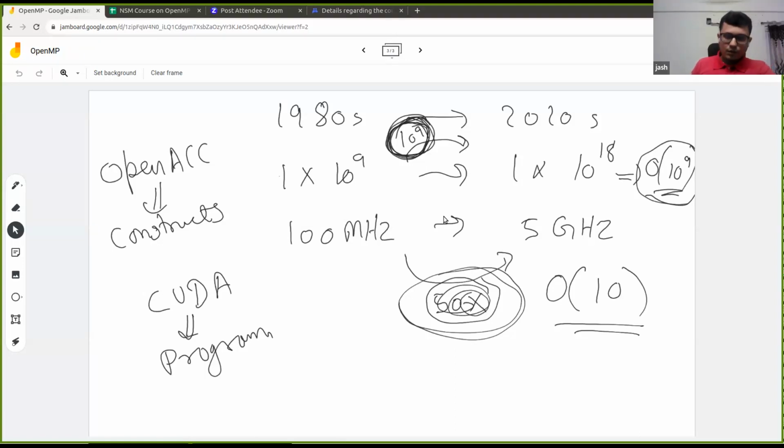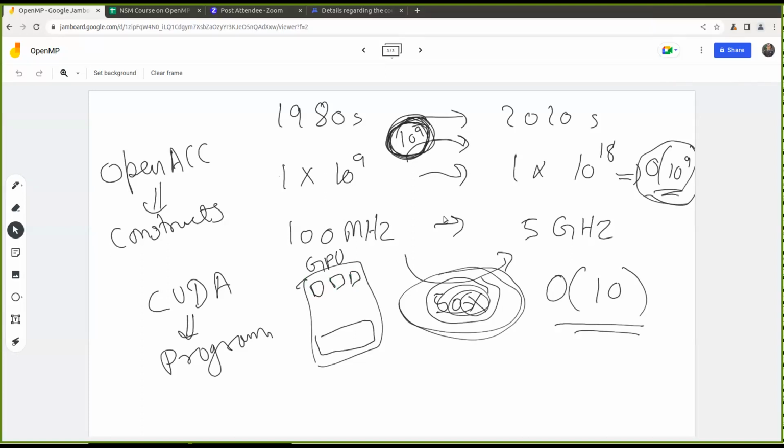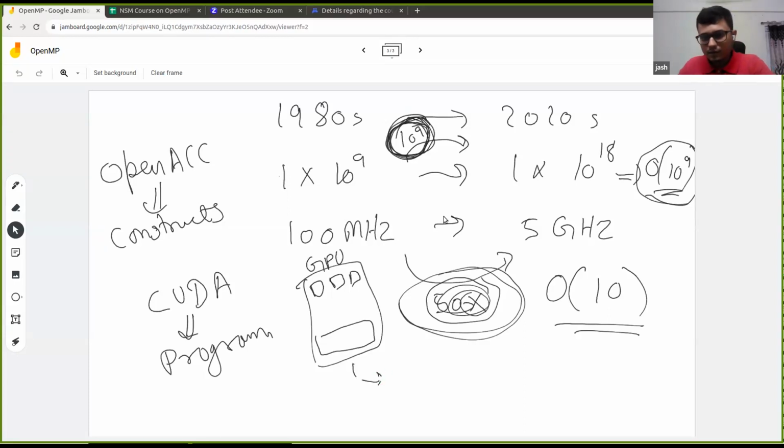Okay, coming to CUDA, so there is this GPU, right? GPU itself will have its own memory. GPU also has cores. So internally it is kind of a shared memory system. Okay, it's already a shared memory system. Yeah, but you'll see in later slides that it is called a many core system rather than multi-core.